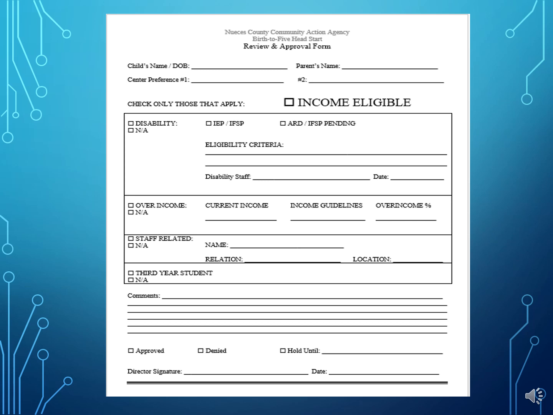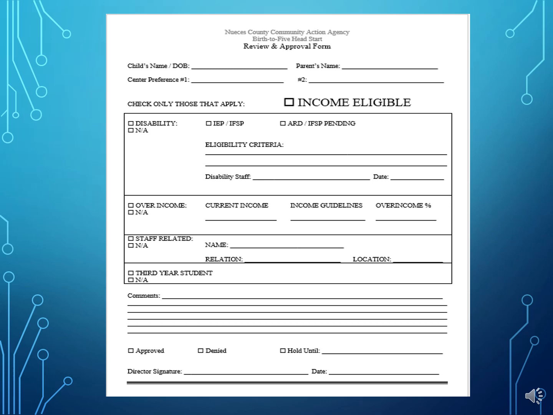If you see that disability is checked off and any of the other ones below, over income, staff related, third year student, then it will need to be approved by our disability staff as well as our director. Now, if it's only over income or staff related or third year, then the only signature that is needed is the director's signature.